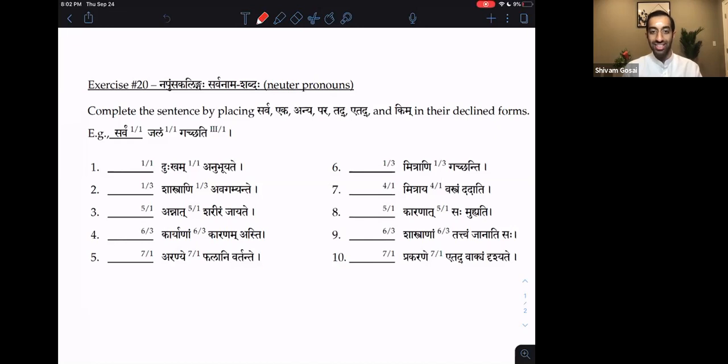Okay, sorry. So it's tesham, like sarvesham. So this is tesham. This is not 6-1. We're looking at 6-3. Some people wrote tasya, but this is tesham. So tesham.